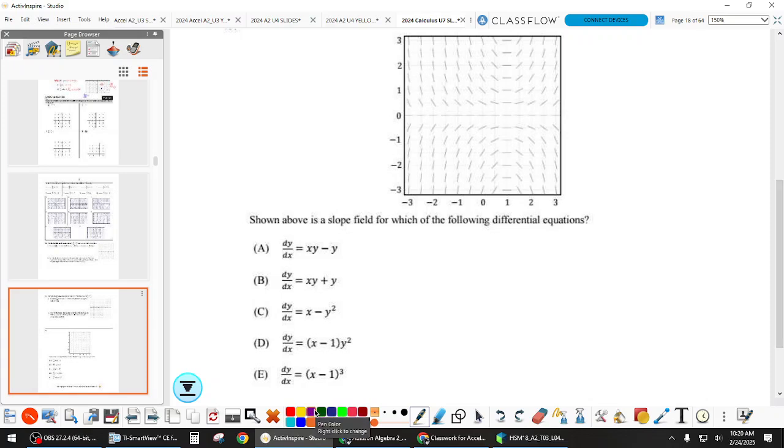Let's just talk strategy for these. What's your strategy? Well, I look for the slope at 0 or 1, 0. Or I guess, no, because that's a vertical. No, that's a horizontal thing. So I guess I should have looked for it at 1, 1. I think that would have helped me.